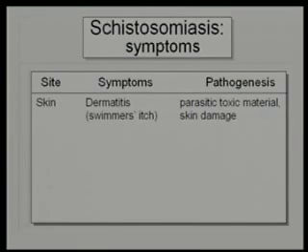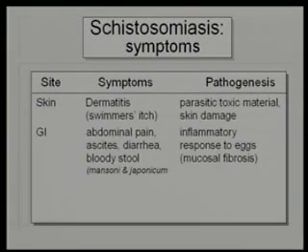These symptoms are due to the toxic material, the components of the parasite, and the skin damage. In the GI tract, if they go into the gastrointestinal tissue, there is abdominal pain, ascites, diarrhea, and bloody stool.